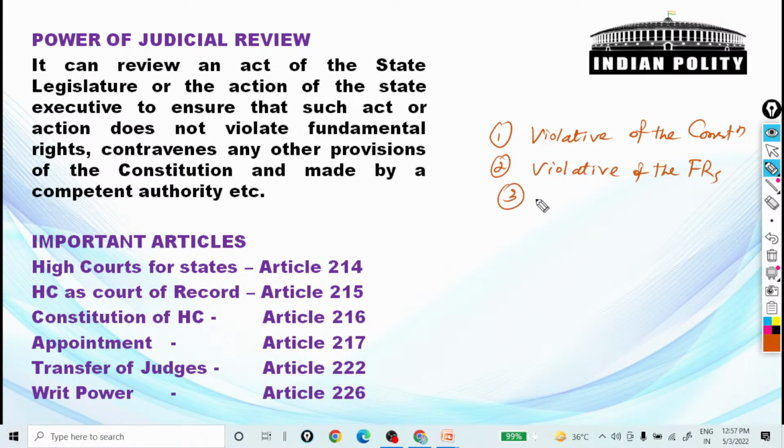Number three, whether it was prepared by a competent authority or not. So it can review an act of the state legislature or an action of the state executive, and it can also review parliamentary acts. That is also a point to be kept in mind.